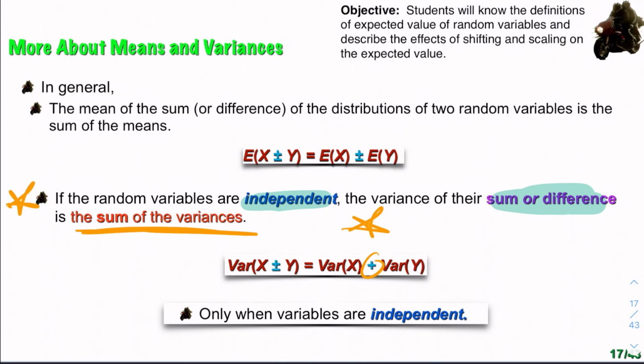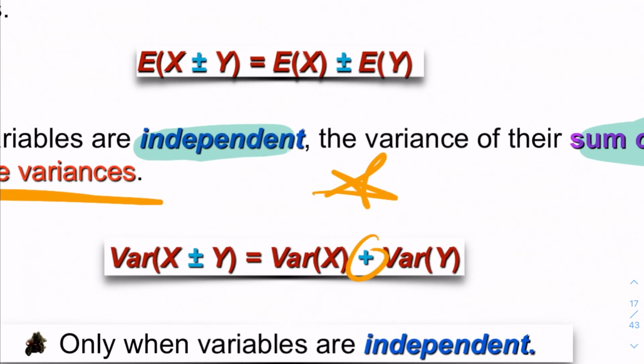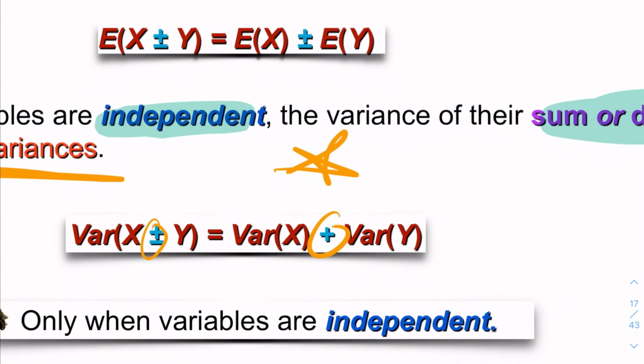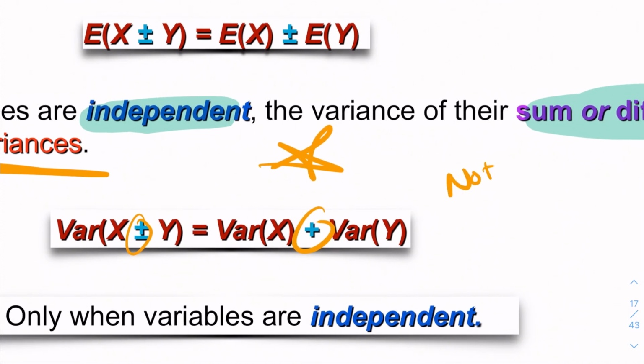The reason why we need independence is that variance is always the sum. Notice, not standard deviation, not sigma. We're not talking about standard deviation here that we add. We add the variances.